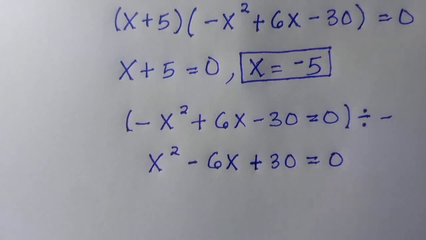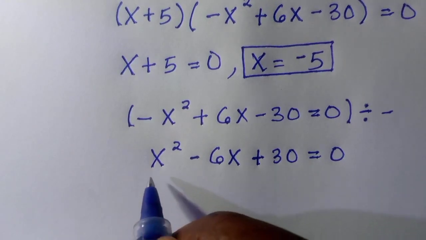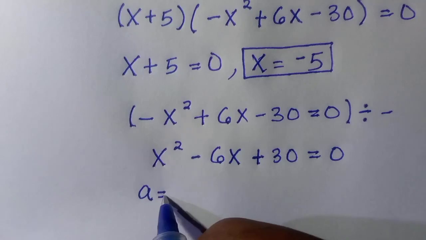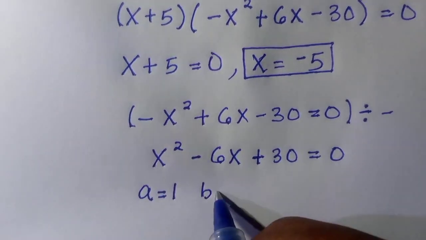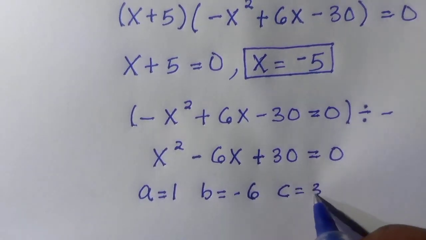Here is a quadratic equation, as we consider the quotient of x squared as a, which is 1, and b is minus 6, so c here is 30.